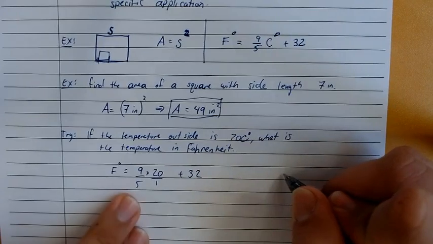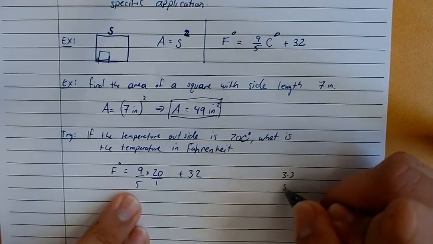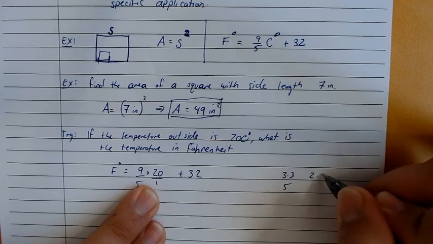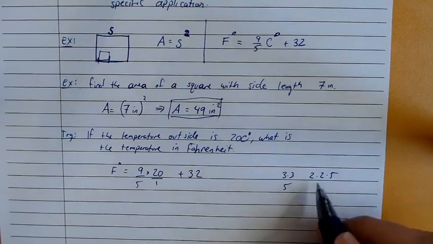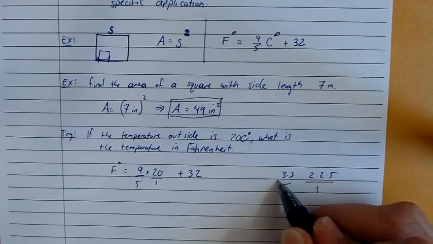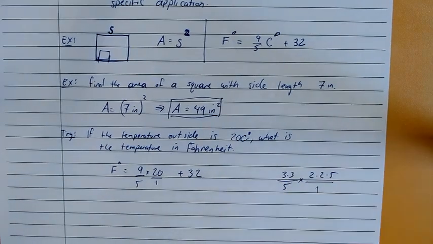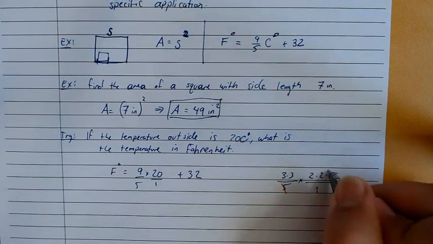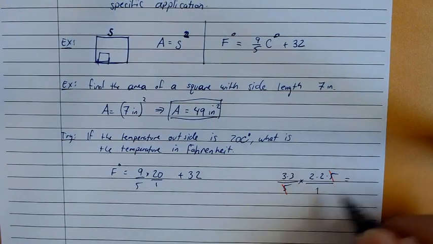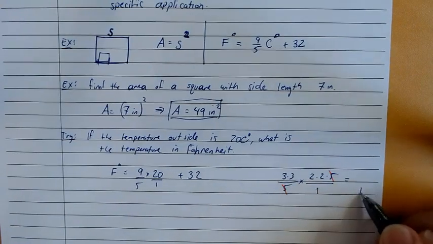Notice 9 is 3 times 3. 5 is already prime. And 20 is 2 times 2 times 5. 2 times 2 is 4, times 5 is 20, and then the 1 doesn't factor. And here, this reduces down. 5 divides 5 to give you 1. So now your denominator is just the number 1. 1 times 1 is 1.